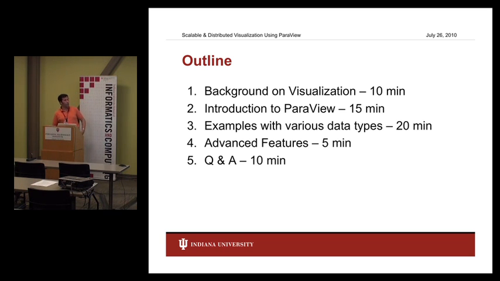Then talk about Paraview, looking a little bit at its architecture so you understand what goes on when you need to scale it up into a distributed mode. Look at a couple of different examples that we've done here at IU with different data types. Talk very briefly about the advanced features.